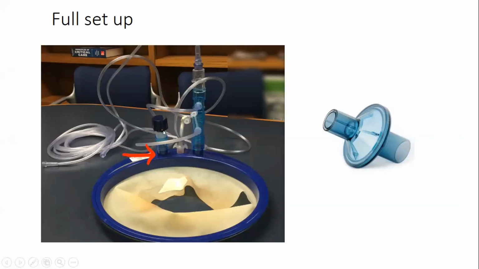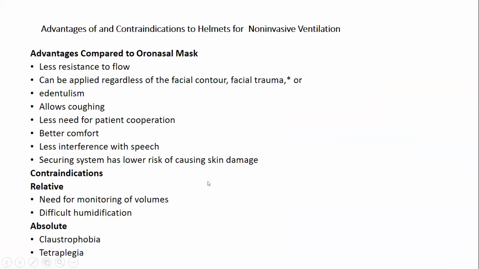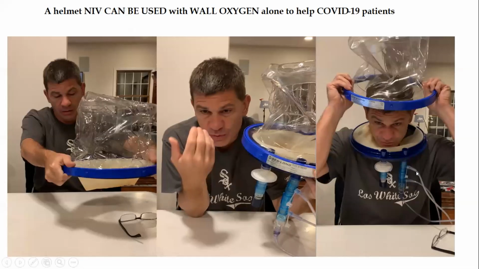And as you see, one of the ports is blocked, and you are delivering oxygen through a single port that generates a PIP within the chamber. And this is how it looks eventually, and it's applied. This is just a demonstration.